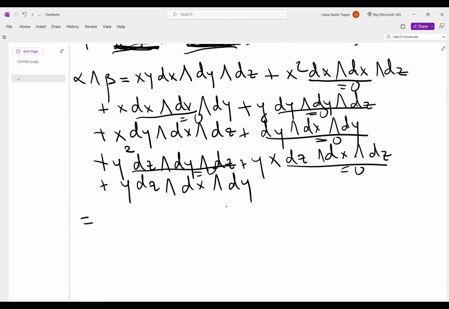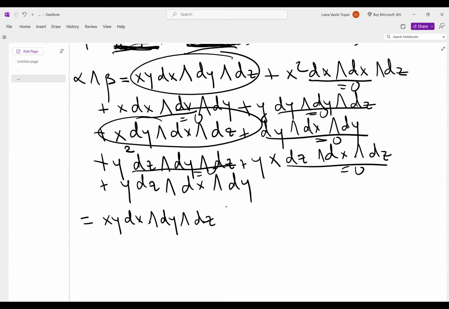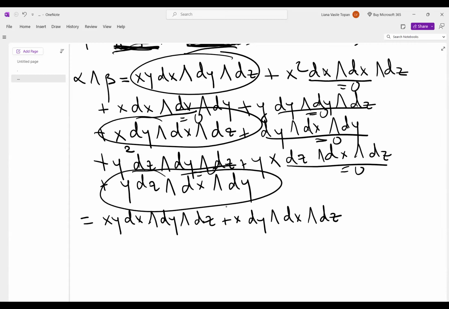So let's see, I still have this one: xy dx wedge dy wedge dz. Then I have this one, plus x dy wedge dx wedge dz. And then I have this one, plus y dz wedge dx wedge dy.